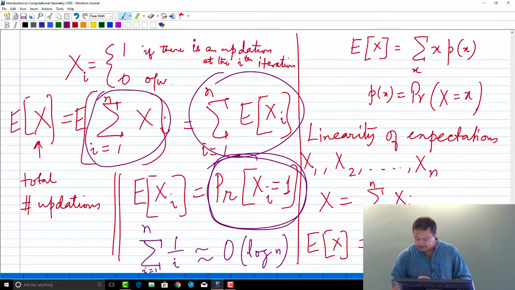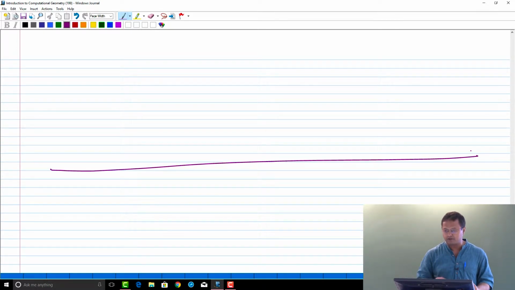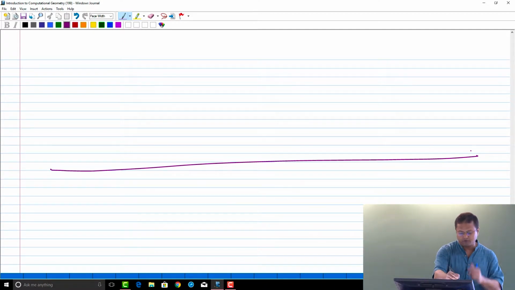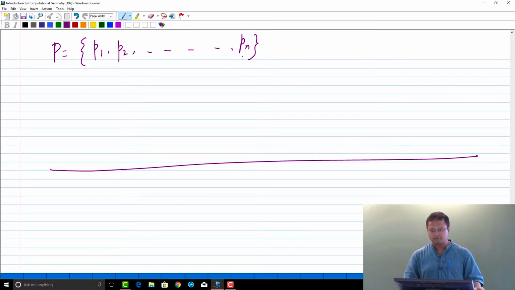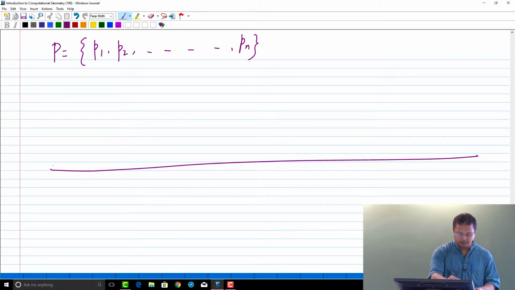We can even extend this to sorting. I will not do the analysis, but give you the idea. The idea works as follows. It is kind of a variant of quicksort. Say you have some n numbers, and I start with this interval.